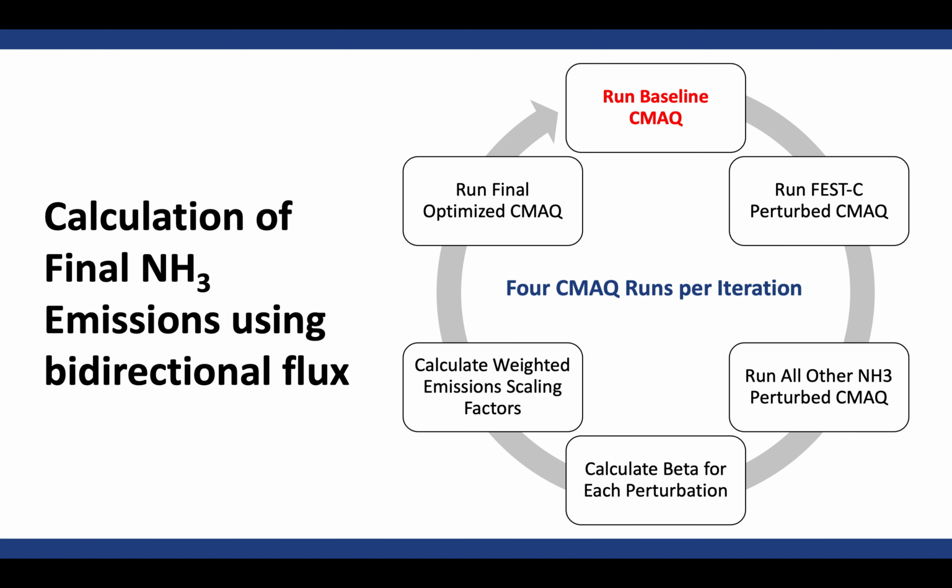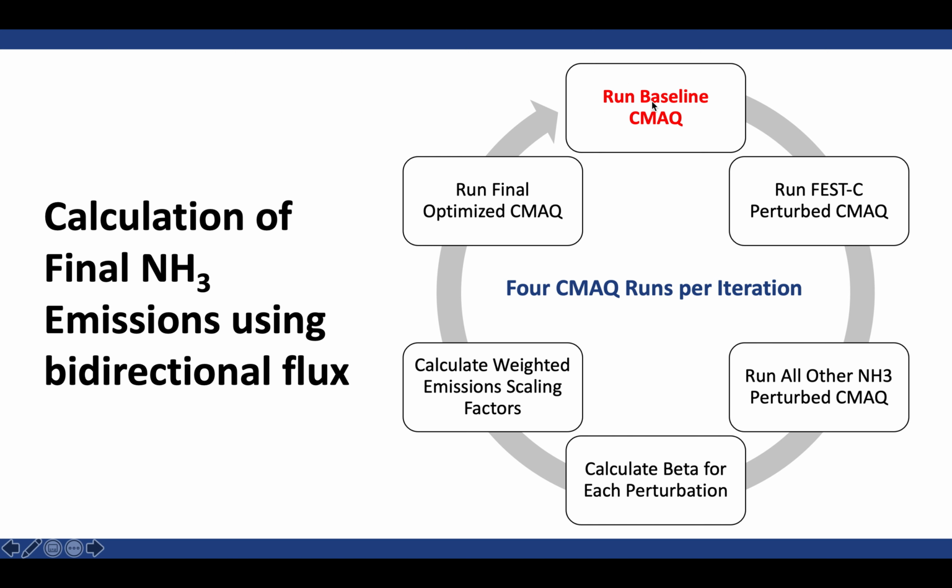So one of the unique things about how we're doing this is that we're applying it with the ammonia bidirectional flux, and because we're doing that, it requires a couple extra simulations, so it ends up being 4 CMAQ runs per iteration. And this is just kind of a quick schematic of how we're doing it.